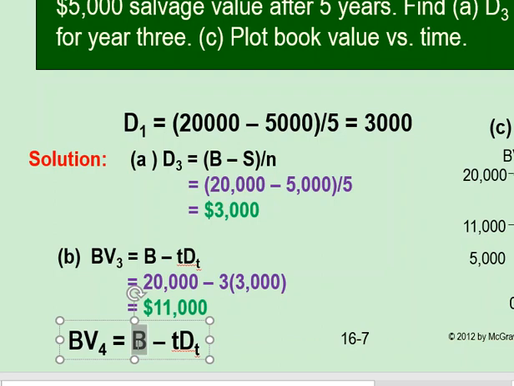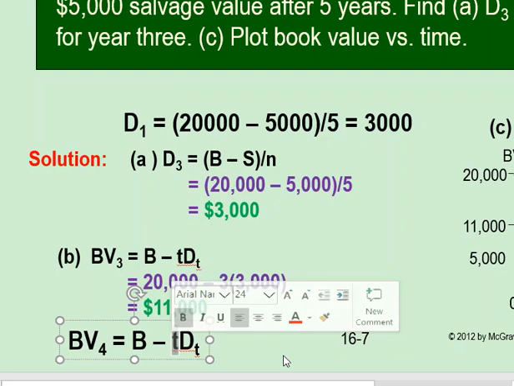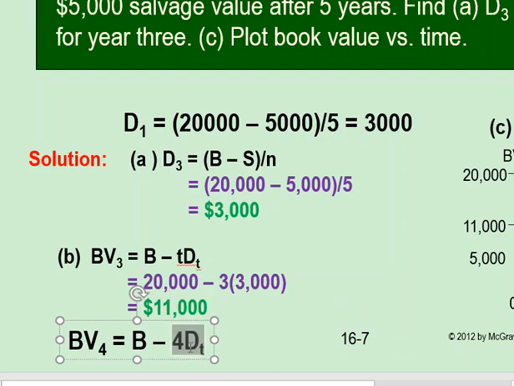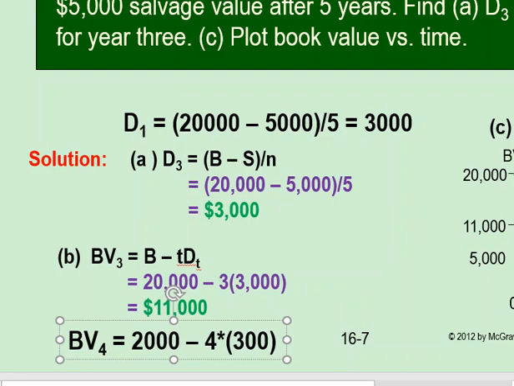This is the same. T now is what? It is 4. And dt is what? We said dt is always the same because it's straight line. So this will also be 3,000, and this is 20,000. As easy, as simple as that.